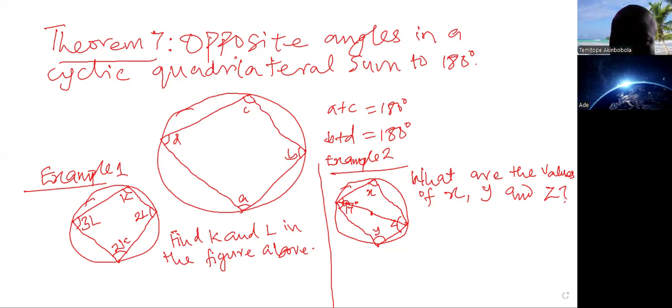Do we use another circle theorem in this? Exactly. You combine as many theorems as possible to solve a problem. As many as possible. So looking at it closely, which other theorem do you think would be appropriate?